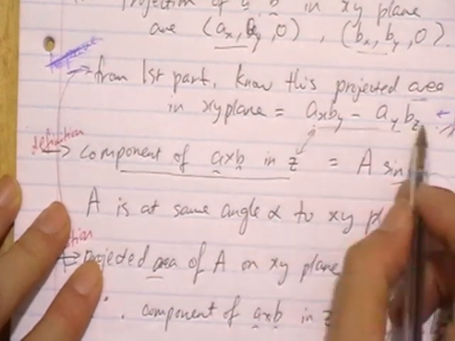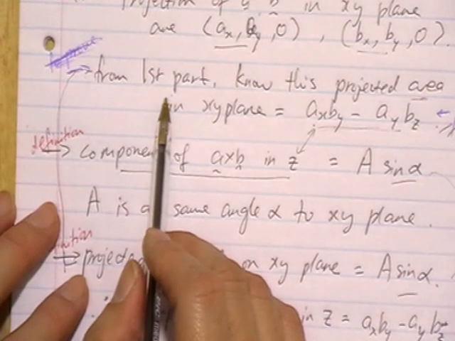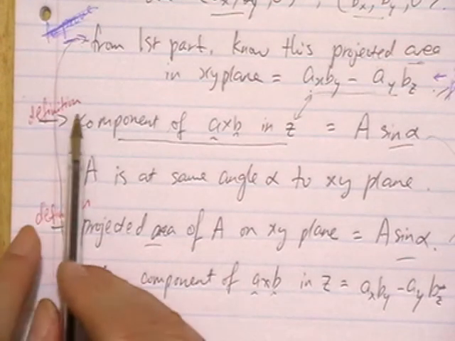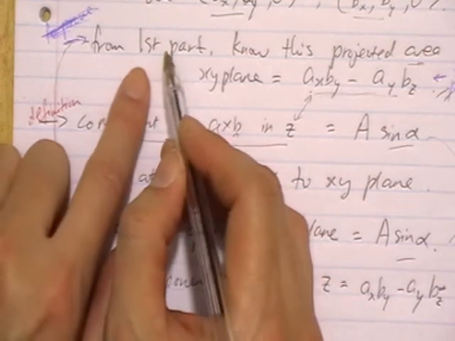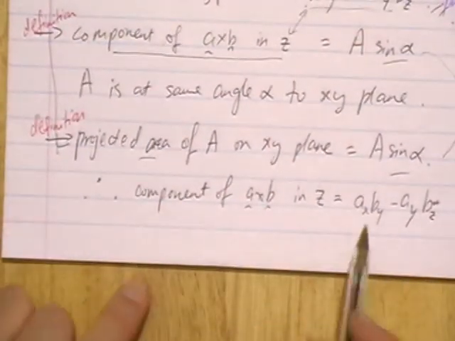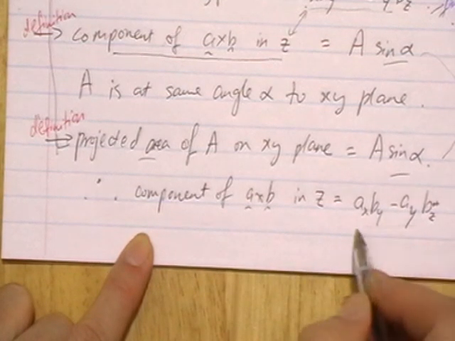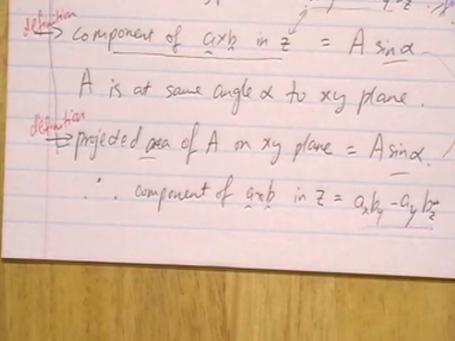Right, this is the expression that we want to prove. Alright, so starting from the definition and then making use of the first part, we have therefore proven that the component of A cross B in the Z direction is equal to this expression that we want to prove.